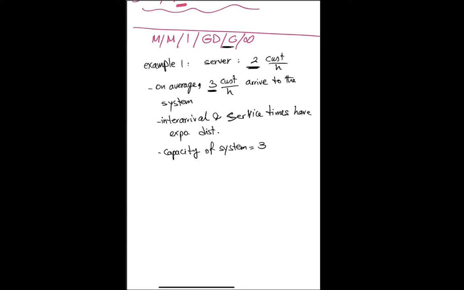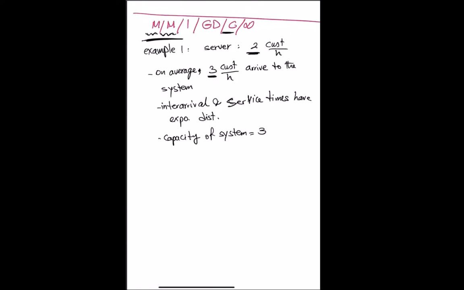That's why we are sure that this whole MM thing holds here, because that takes care of the MM part of this queuing system. The capacity of the system is 3, and the system has 1 server. It hasn't been mentioned, but by default the system has 1 server.